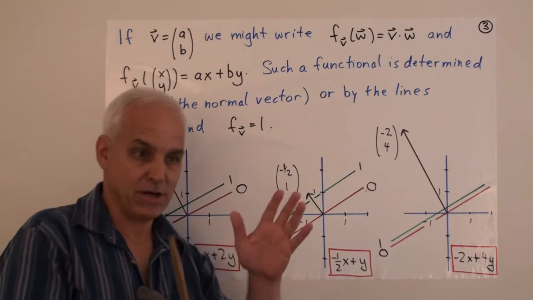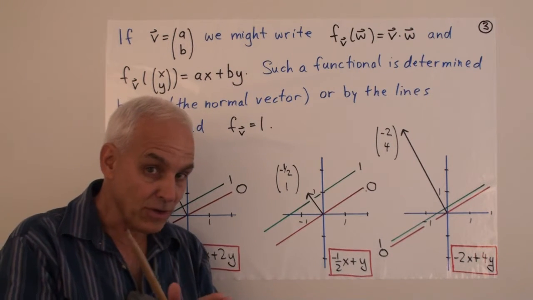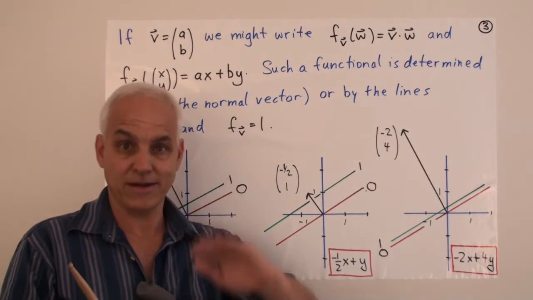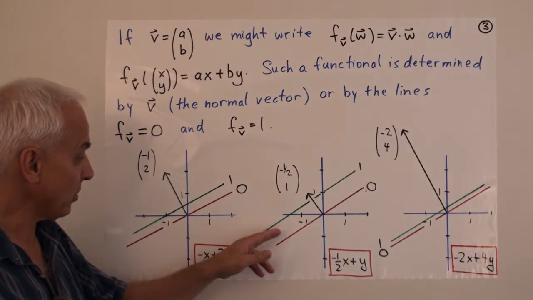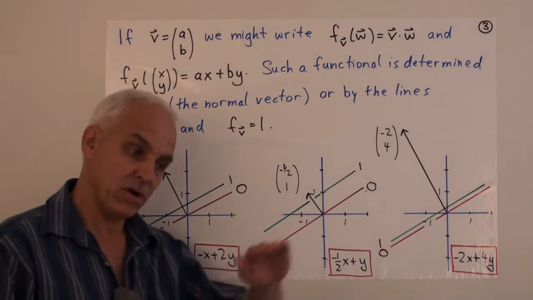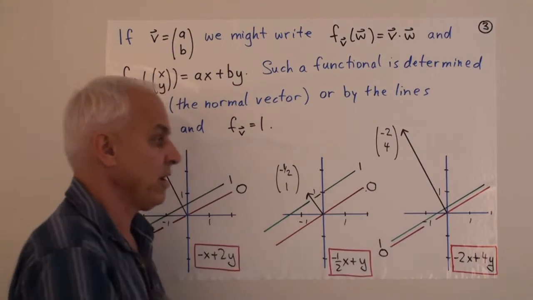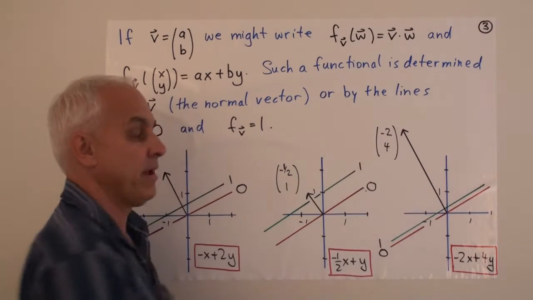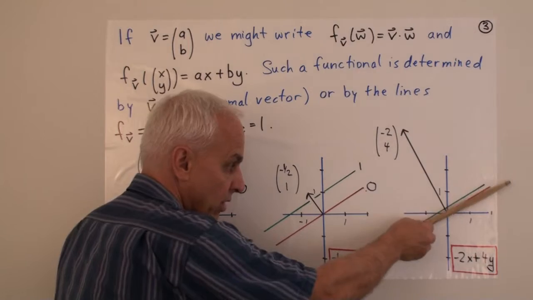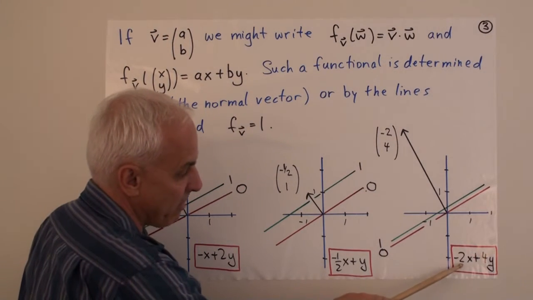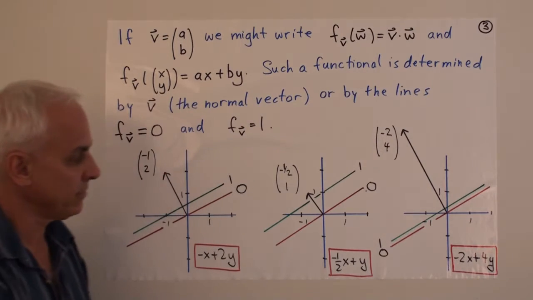If you're mountain climbing, contour lines which are very close together mean that it's very steep there, the gradient is high. On the other hand, if the contour lines are further apart, then it's a more gradual incline. So a bigger vector means a steeper increase, which means the contour lines are closer together. And this function would be minus 2x plus 4y.